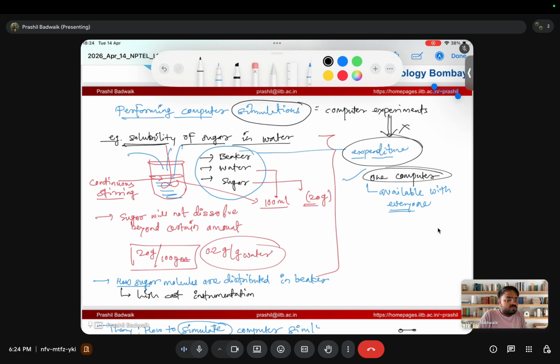Now the question is, if I want to do the same experiment at a different temperature, what do I need to do? Tell me.